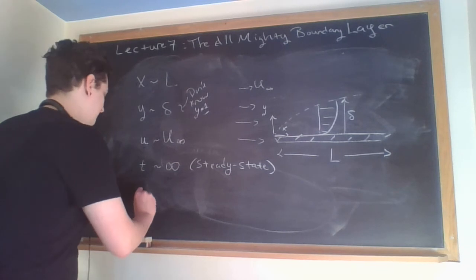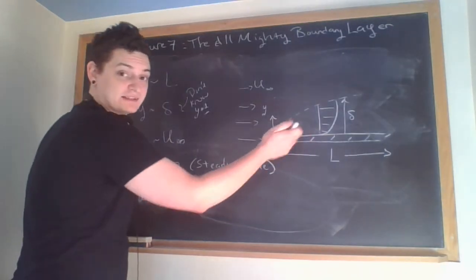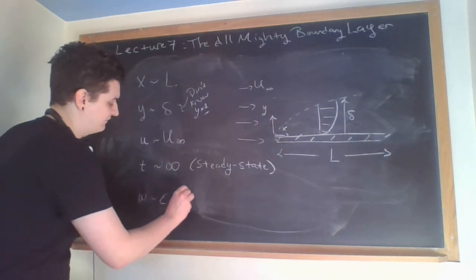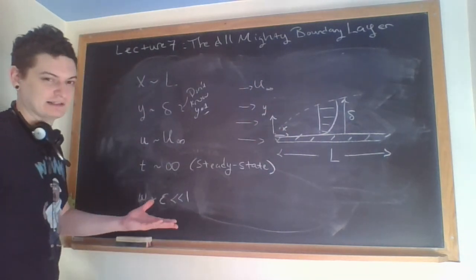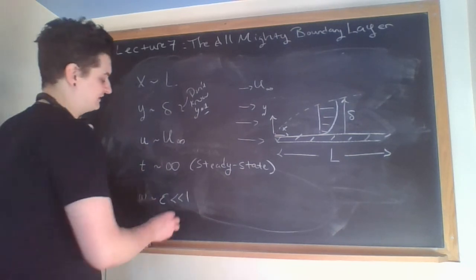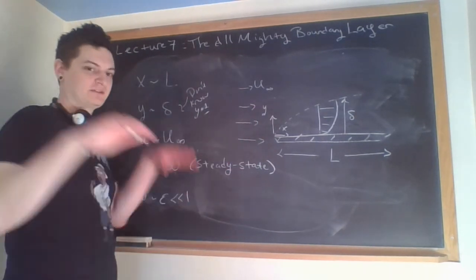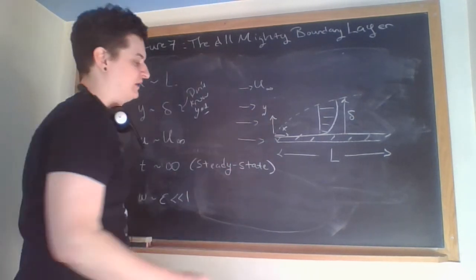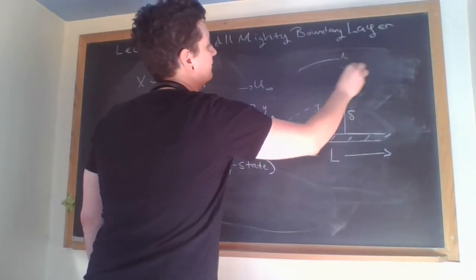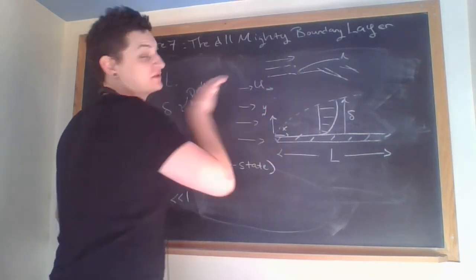The other assumption that we're going to make is that the z velocity, the velocity in and out of the board, scales as some very, very tiny number. Really 0, but you can't say something scales as 0 for more subtle reasons, so don't worry about it. This just means there's not a lot of cross flow happening. It's all just moving forward. If there's a plane flying in the air, most of the flow is just facing it.